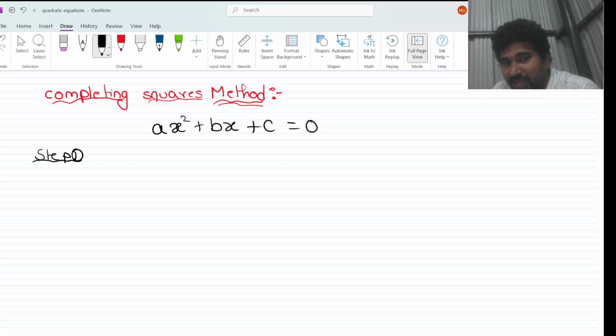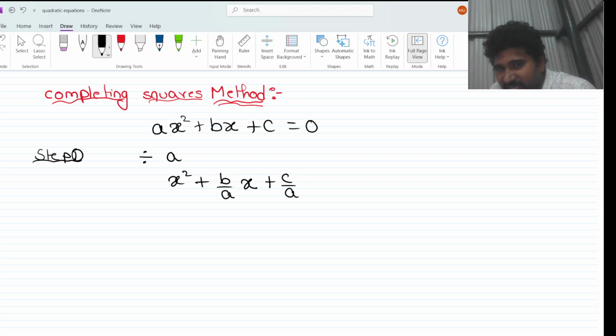So divide everything by a, because the coefficient of x square is a. So what will you get? X square plus b by a into x plus c by a equal to 0. This is your step 1.